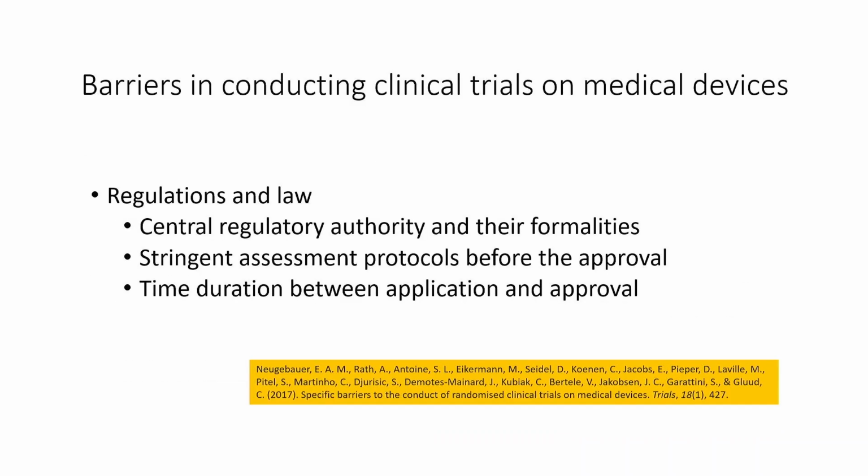I'm going to just skip over this, and there are several regulations and laws. Just to conclude, central regulatory authorities and their formalities have to be completed while we are trying to run clinical trials. Stringent assessment protocols have to be followed before even the approval, right? Time duration between application and approval is sometimes a huge barrier to the clinical testing norms.